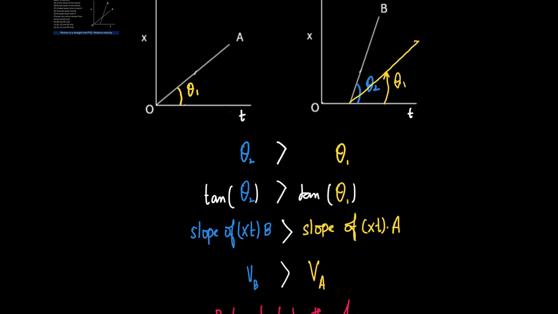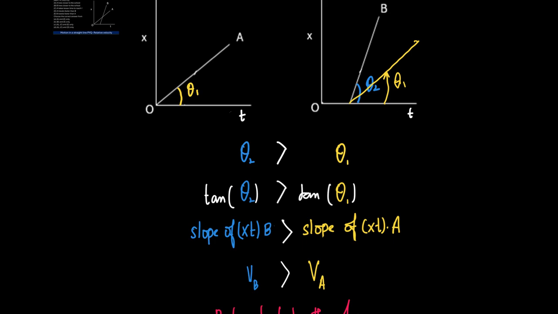Now, okay, let's do this one more time. Theta 2 is greater than theta 1. Taking tan on both sides, tan theta 2 should be greater than tan theta 1. Trying to convert it to the verbal way, tan theta 2 represents the slope of xt graph of B. Tan theta 1 represents the slope of xt graph of A. Now, what is slope of a position time graph? Sorry, displacement time graph, my bad.